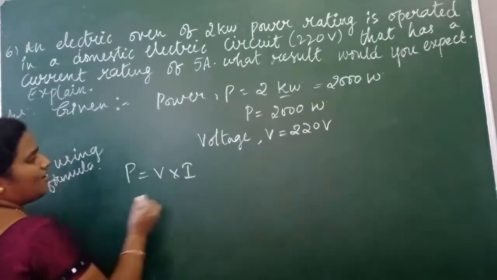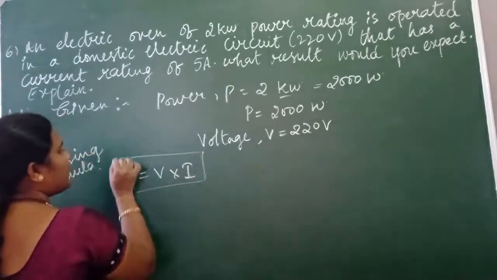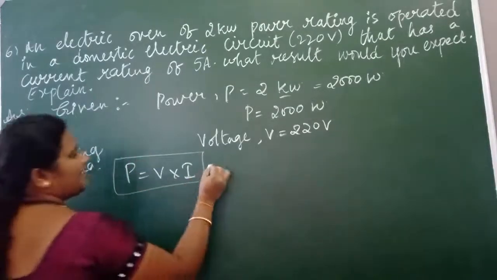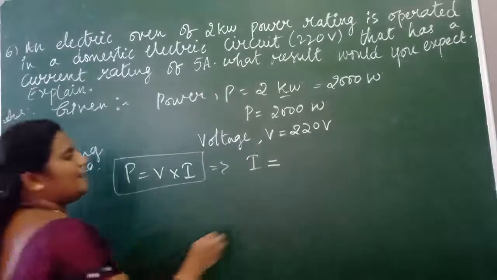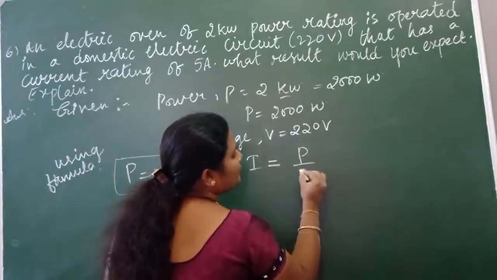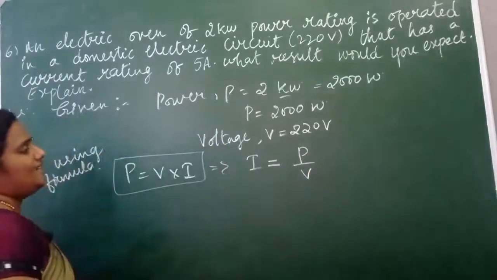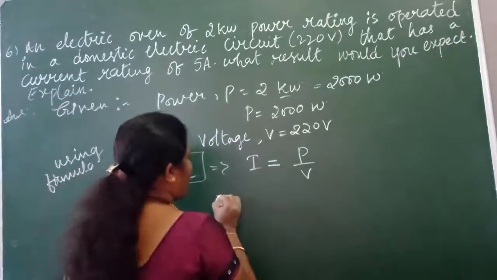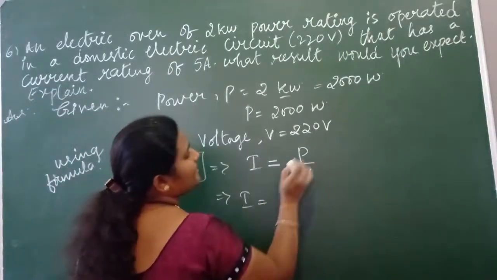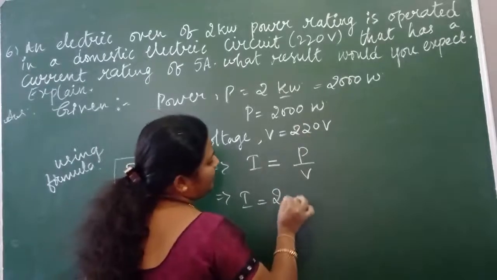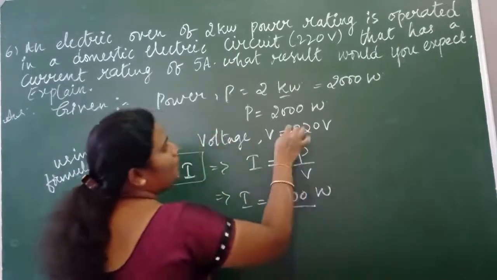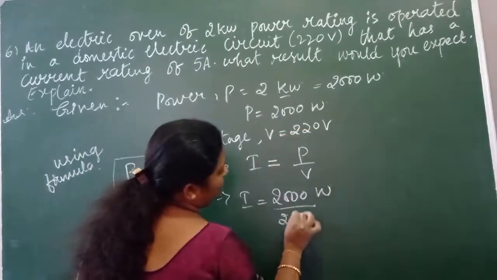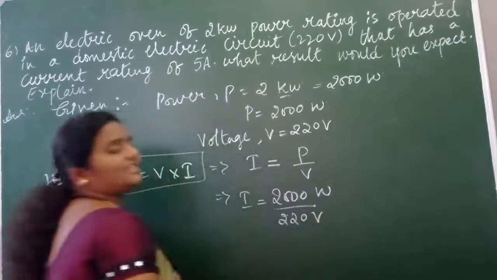So here, since we want to calculate I, in terms of I, how can we write this formula, children? P divided by V. Isn't it, children? So I is equal to, what is the P value? 2000 watts. Then what is the V value? 220 volts. Isn't it, children?